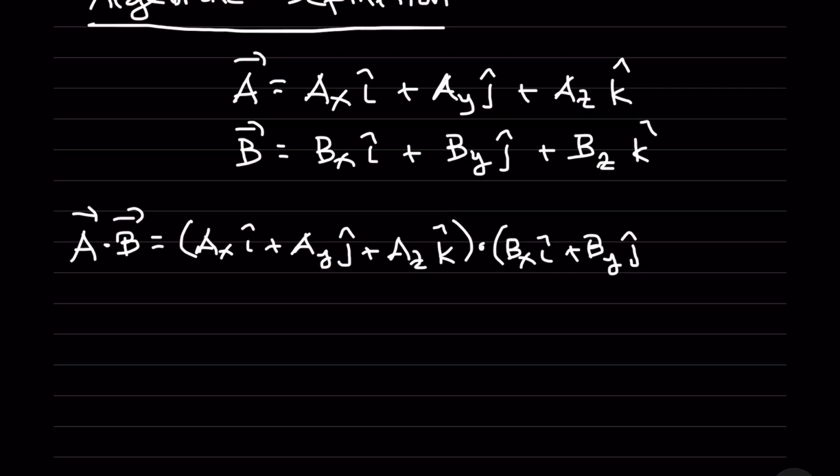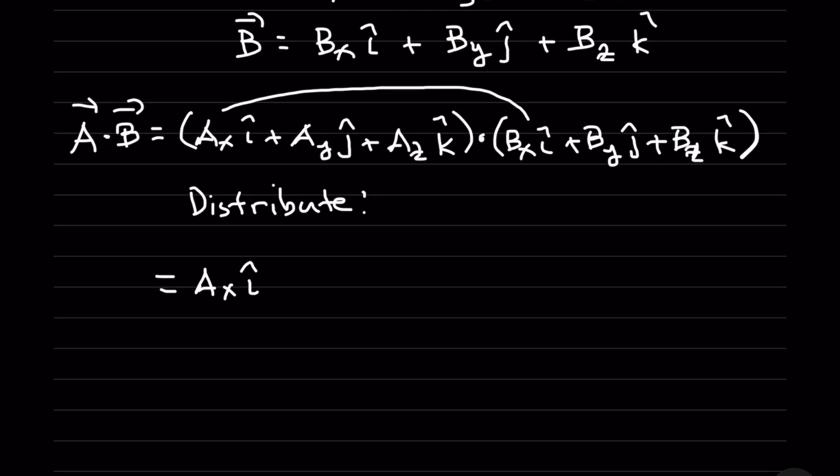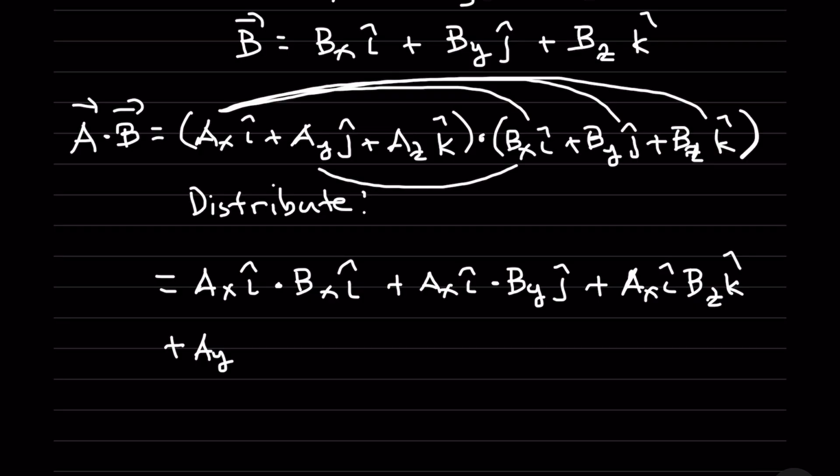To get the dot product of the two vectors A and B, we simply write them in terms of their component forms as shown on the screen. Then we evaluate the equation. We distribute the first term, which is a_x i hat, to the terms of the second vector, and we get these terms shown on the screen. We do the same for the second term and also for the third term.